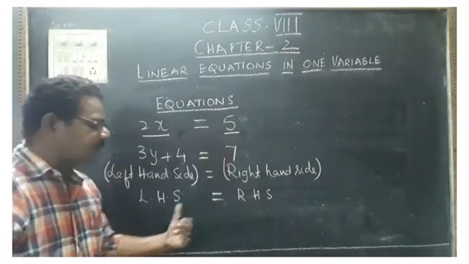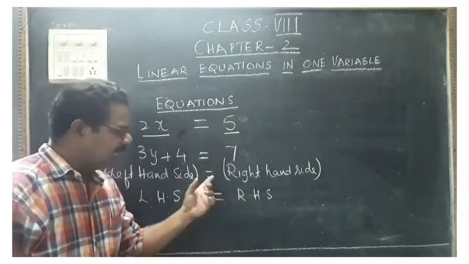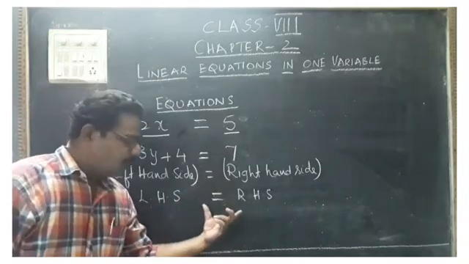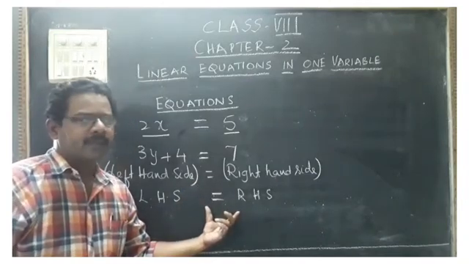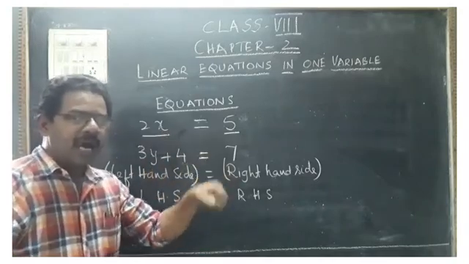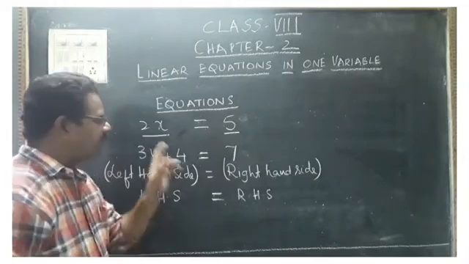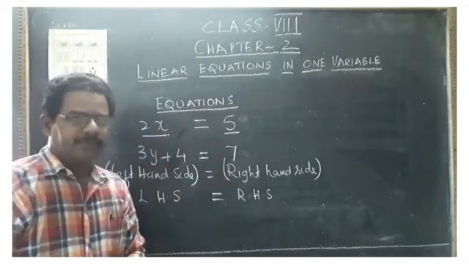LHS is equal to RHS. Always in an equation, LHS and RHS both should be equal. The equation itself is equal, but we have to solve it to get the value of the unknown.